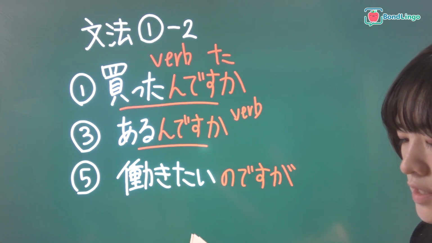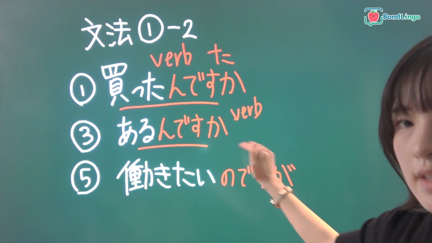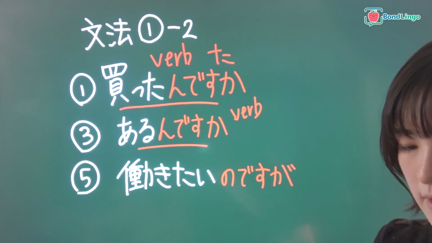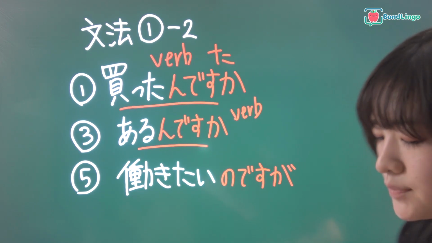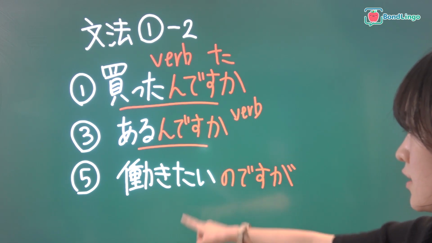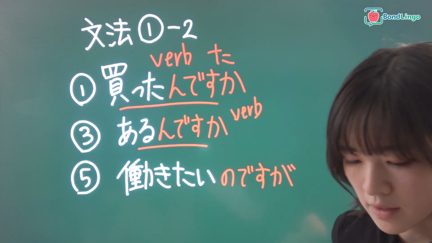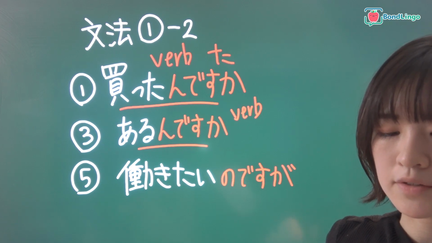This is dictionary form, so just add んです. And number 4, そうです. That's right. 頑張ってくださいね. Do your best. Number 5, 日本で働きたいのですが、どうすればいいですか? So they're asking, what should I do when I want to work in Japan?